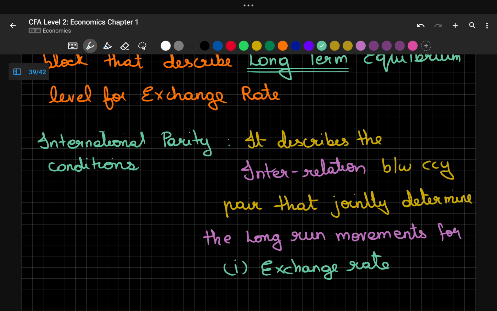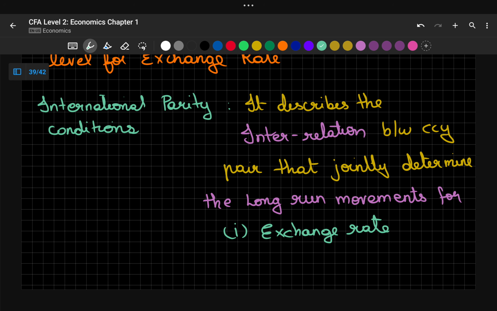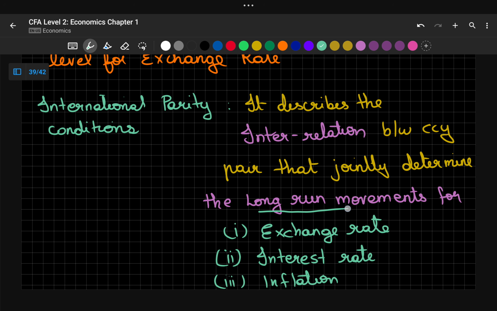That is how the exchange rate would be changing in future: current spot exchange rate, future spot exchange rate, forward rate, etc. Then it also shows us how interest rate changes for these currency pairs: interest rate, inflation, etc. International parity condition describes the interrelation between currency pair that jointly determine the long run movement for exchange rate, interest rate, inflation, etc. Okay.